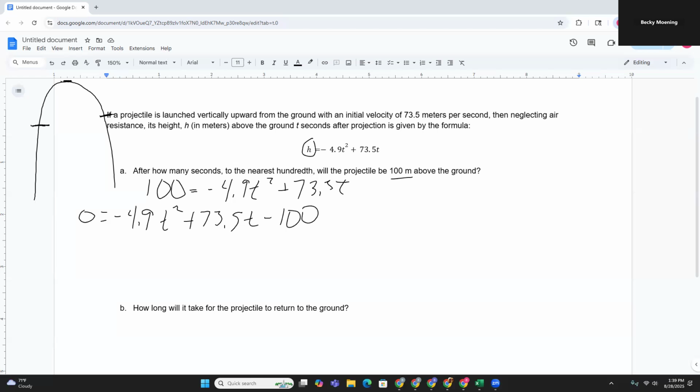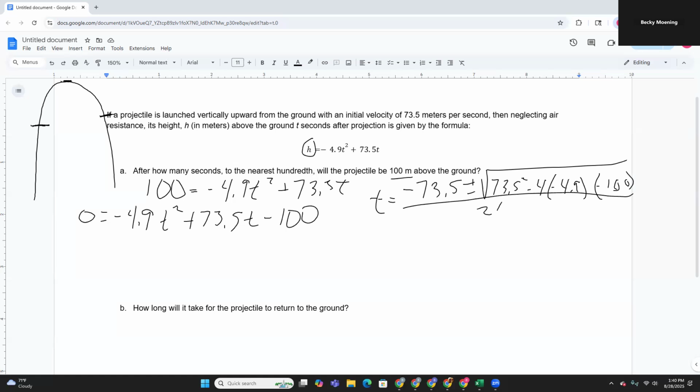With the quadratic formula, we have t equals, because we don't have x here, negative 73.5, the opposite of b, plus or minus the square root of b squared, 73.5 squared, minus 4 times a, and don't forget a is negative, times c, which in this case is negative 100, all over 2a.